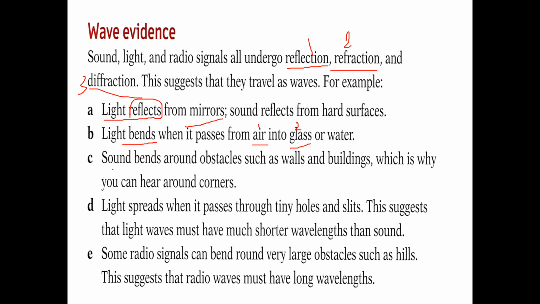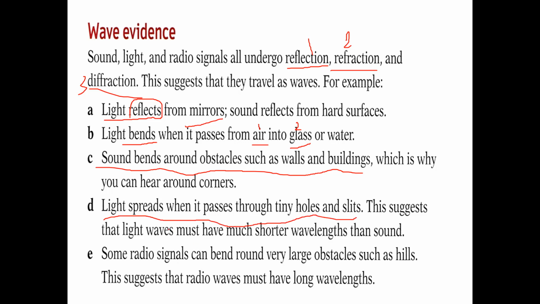One more thing, sound bends around obstacles such as walls and buildings. Here what do we have? This is how it bends. Sound bends. Light spreads when it passes through tiny holes and slits.